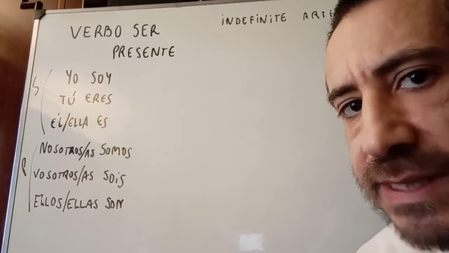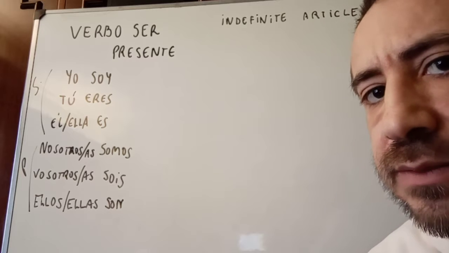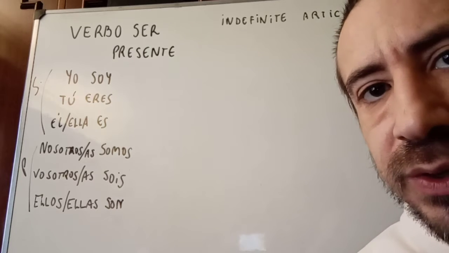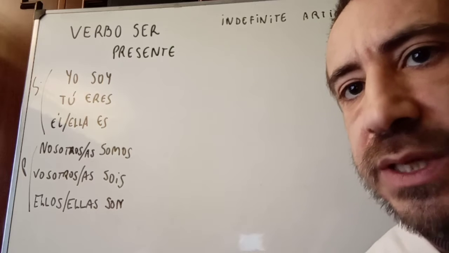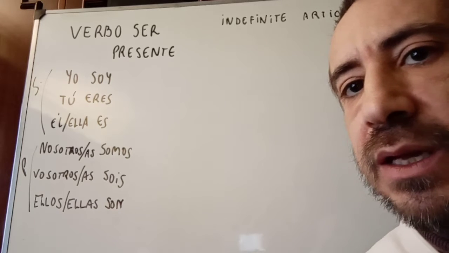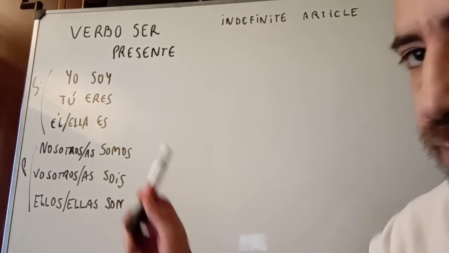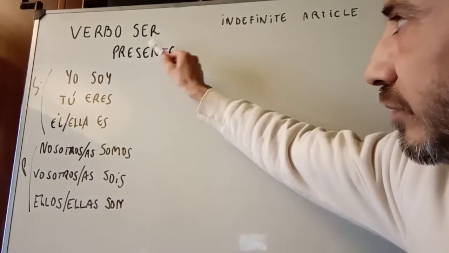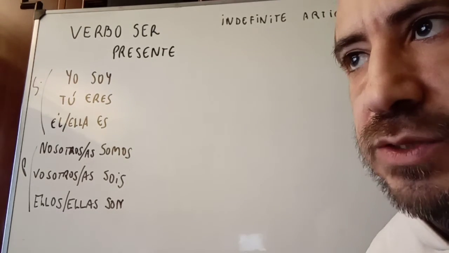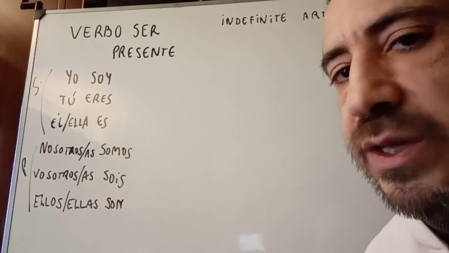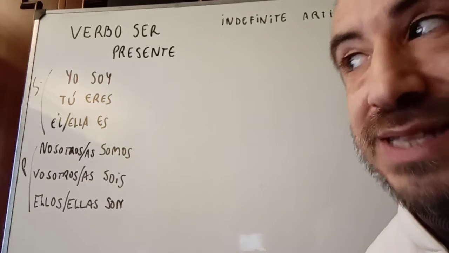Well, before seeing articles, nouns, and adjectives, I wanted to show you how we conjugate the verb to be in Spanish. For now, let's see the verb ser, because to be has two translations, ser and estar. We use them in different situations.